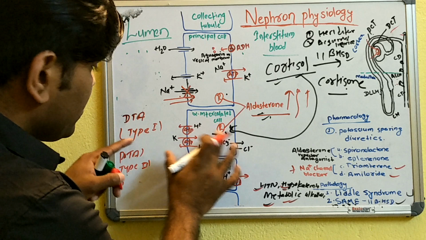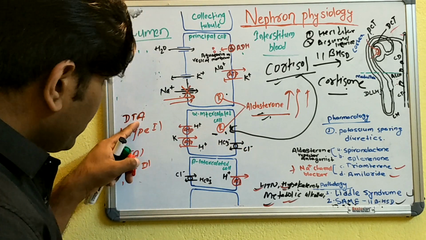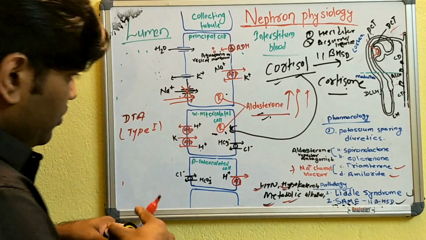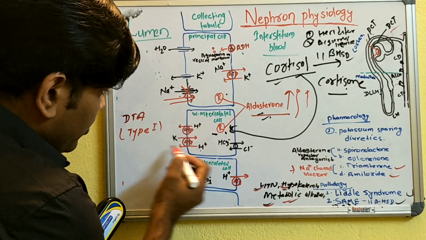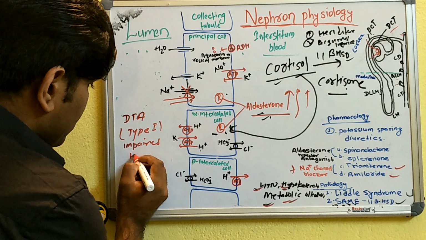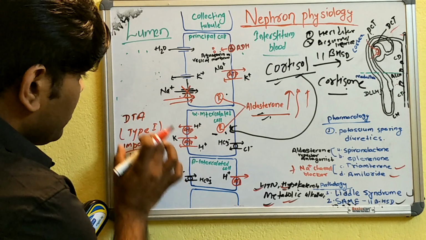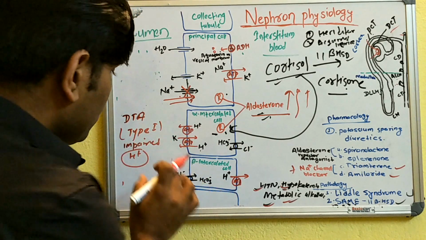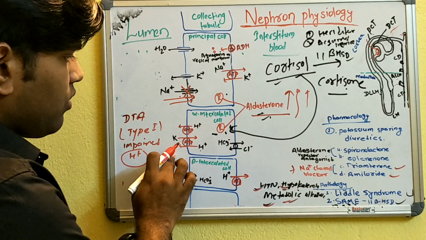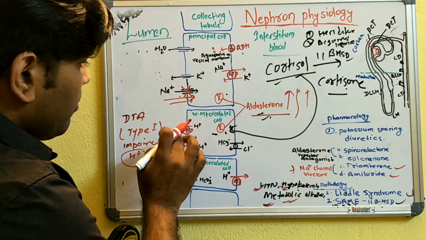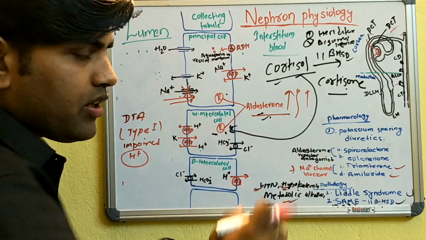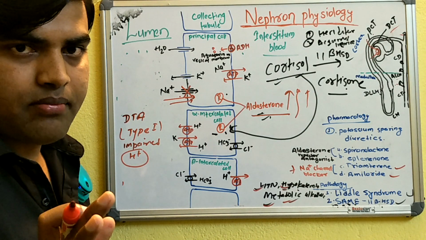Since we are talking about distal tubular acidosis, what will happen is that hydrogen secretion will be impaired. This is the deficiency in distal tubular acidosis. Since this is impaired, your hydrogen is not secreted out. It stays inside your body, so acidosis will develop.